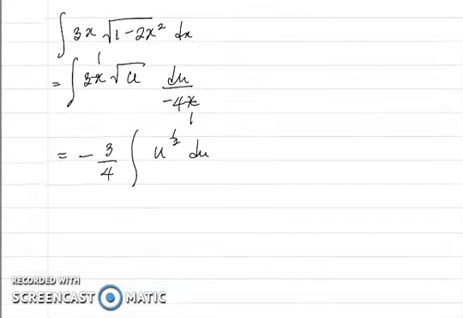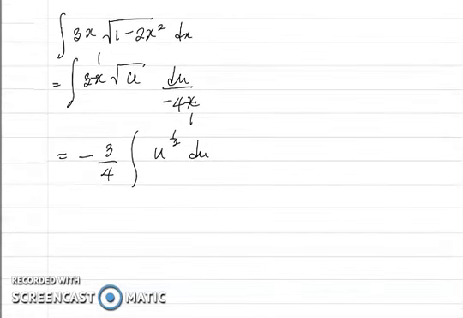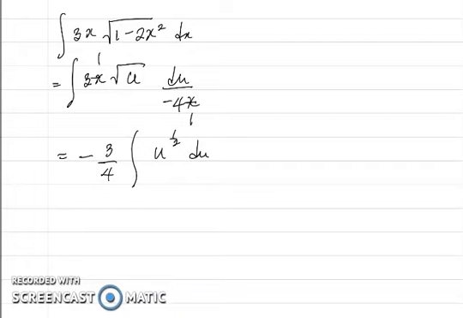Now we're ready to integrate, because this is a standard power integral. So this is minus 3 over 4. The power is going to increase by 1, so this becomes 3 over 2, because when you add 1 to a half, it becomes 3 over 2. Divide by the new power, which is 3 over 2, plus c, which is the constant of integration.